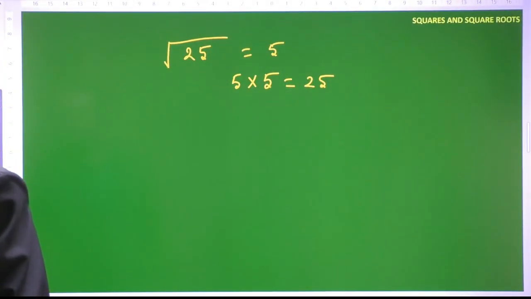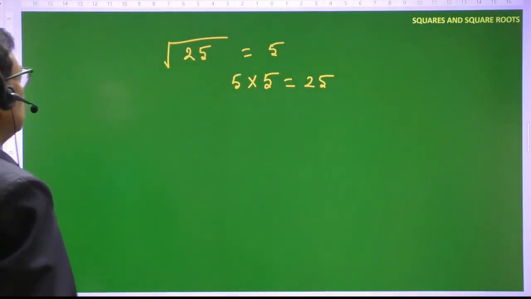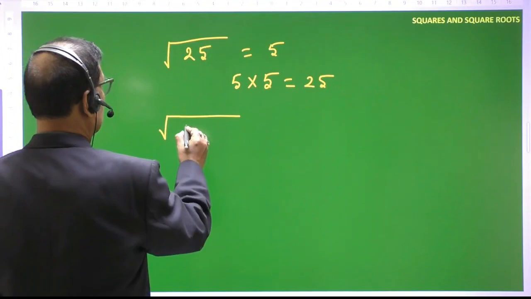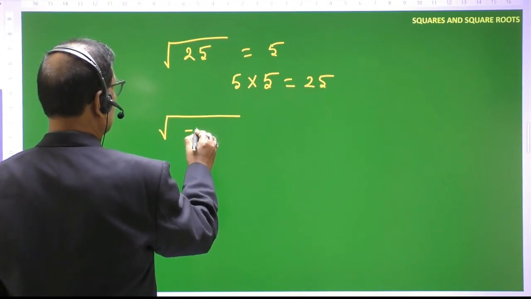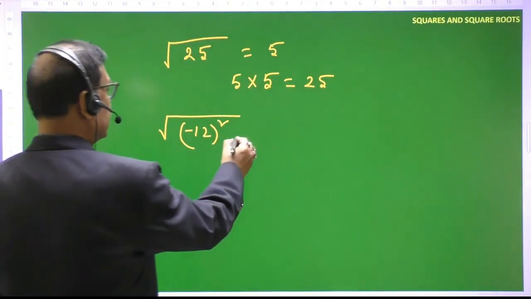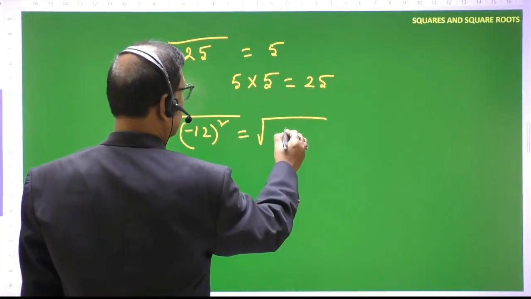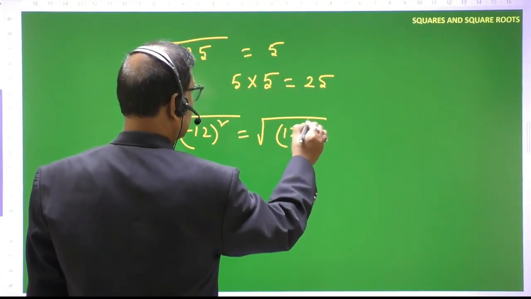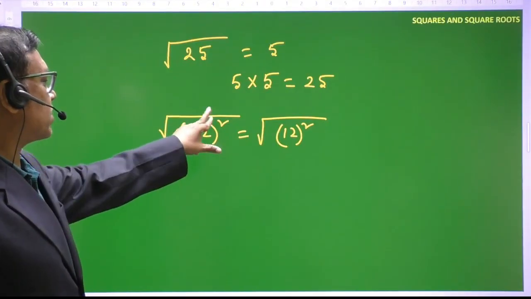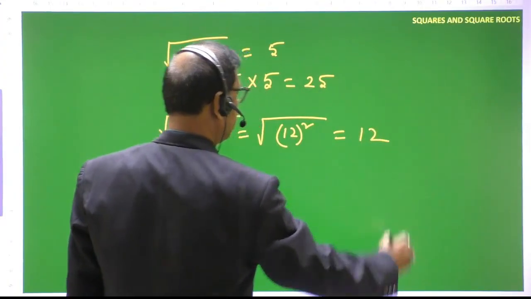Now one more example. Say the square root of minus 12 square. First we will write it is 12 square, because a negative number's square is positive only, so that is 12.